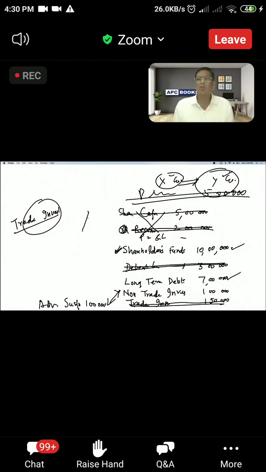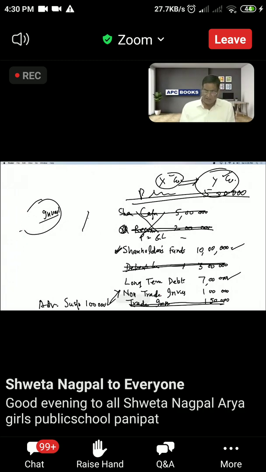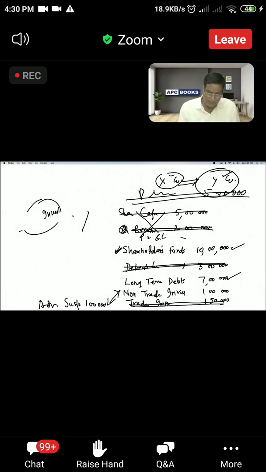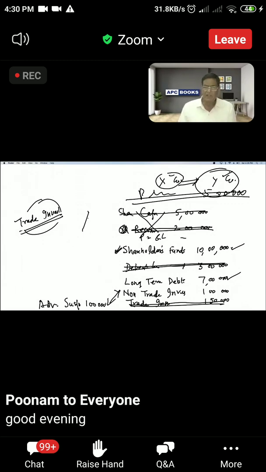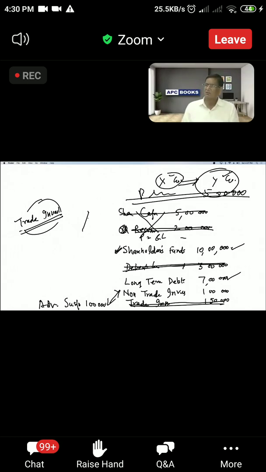And also, I must repeat, if investments are given and nothing is stated whether they are trade or non-trade, they will be treated as trade investments. In the examination, if it is not clear whether the investments are trade or non-trade, they will be taken as trade investments.